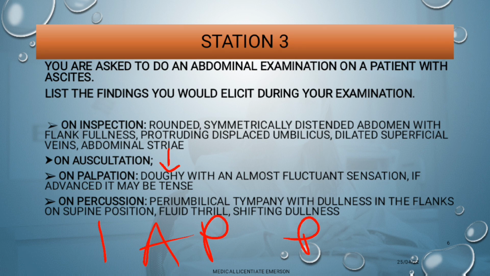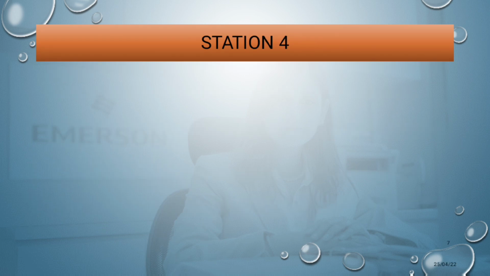So I repeat, if you are doing abdominal examination, the patient has ascites, then do inspection, auscultation, palpation and percussion. As we have done them, that's how you follow them up. Okay, I think we can be done with this station. Then we go straight to station 4.